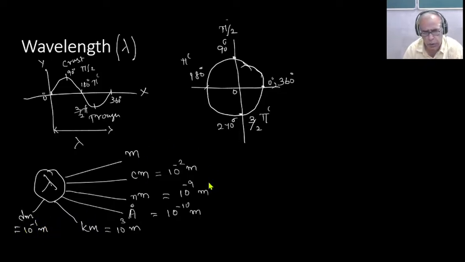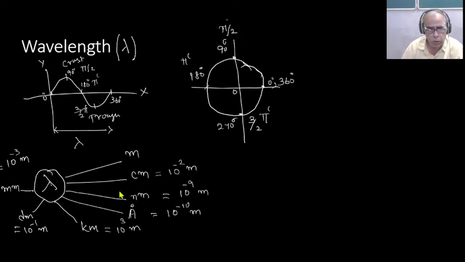So in all these cases, you should be able to convert this into meter. That is the important point. And let us mention millimeter also. Milli means 10 power minus 3, so that is equal to 10 power minus 3 meter. So in whatever form they give in the problem, you should be able to convert this into meter. That is the point I want to stress here.